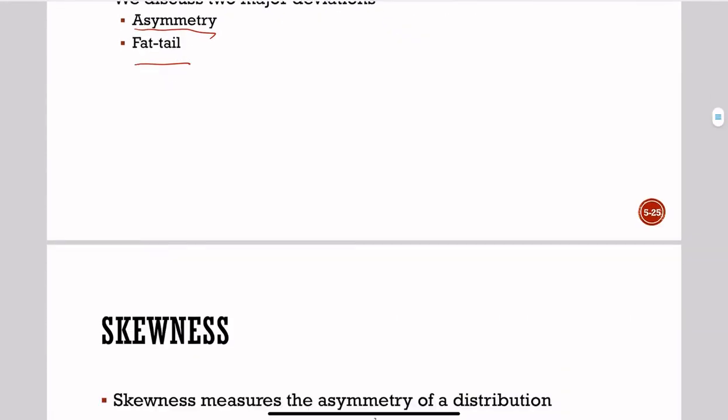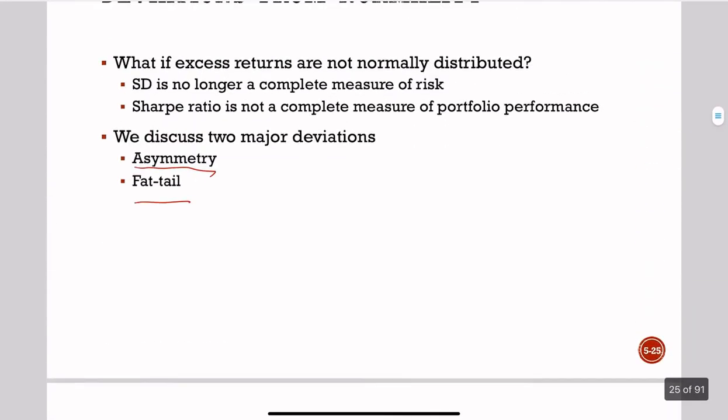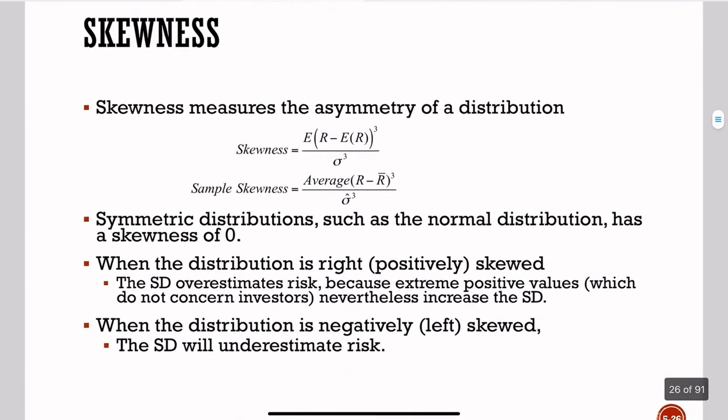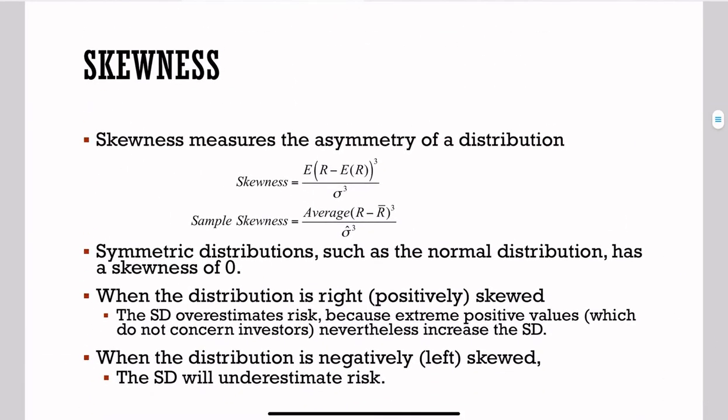So let's first define how to measure the asymmetry of a probability distribution, and then we will define how to measure the fat tail of a probability distribution. We will use skewness to measure the asymmetry of a distribution.